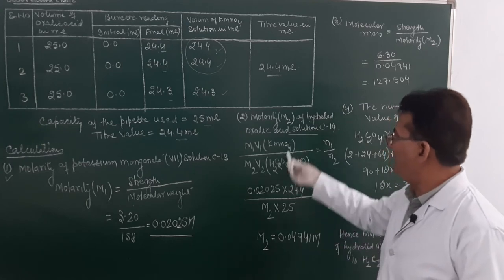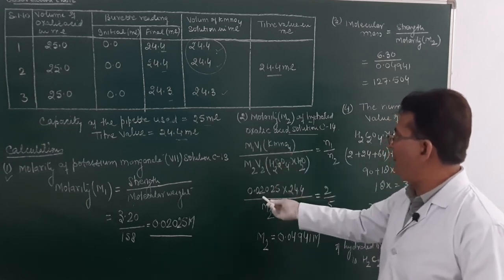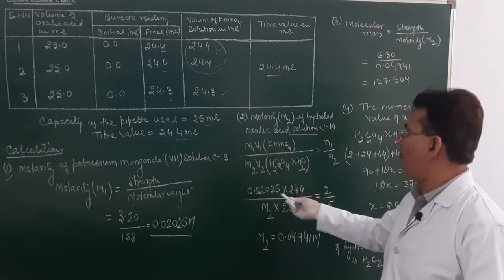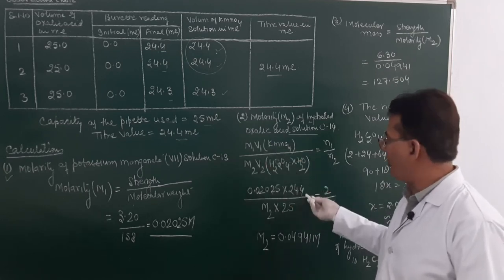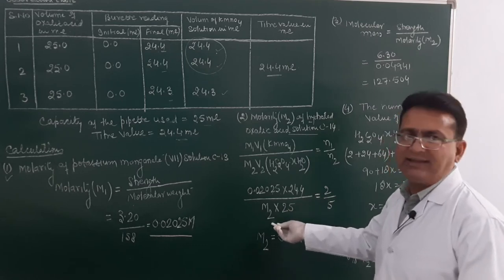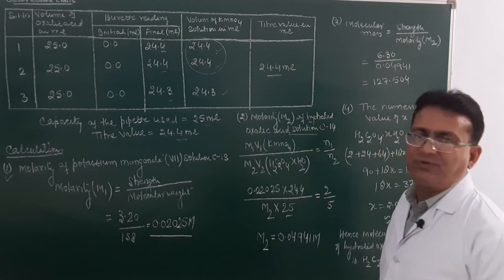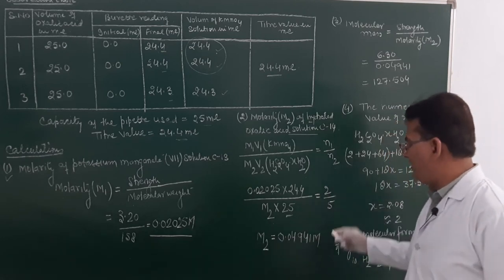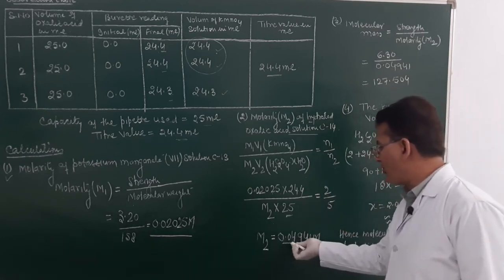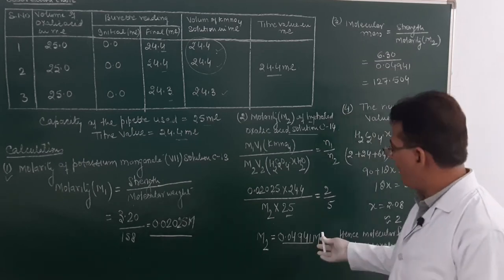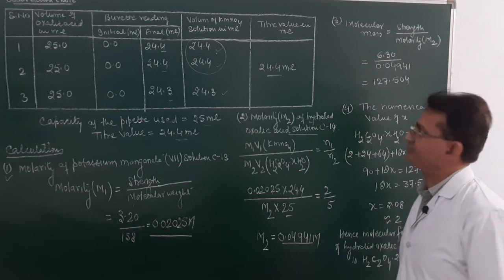Now putting all the values, what is the molarity of KMnO4? 0.02025. What is V1? V1 is titer value, 24.4. Molarity of oxalic acid is to be determined, M2. What is the volume of oxalic acid taken? 25 ml. This will be equal to 2 upon 5. If you solve it, it will come out to be equal to 0.04941 molar, at least up to 4 decimal place.